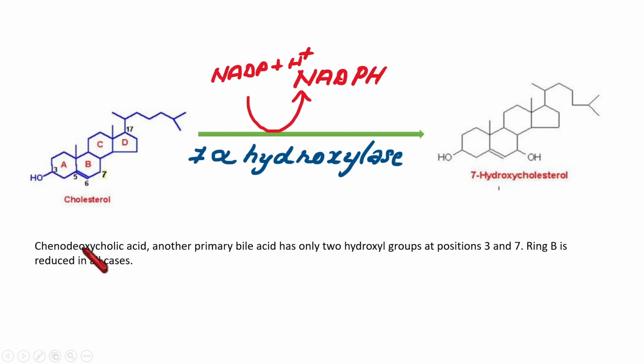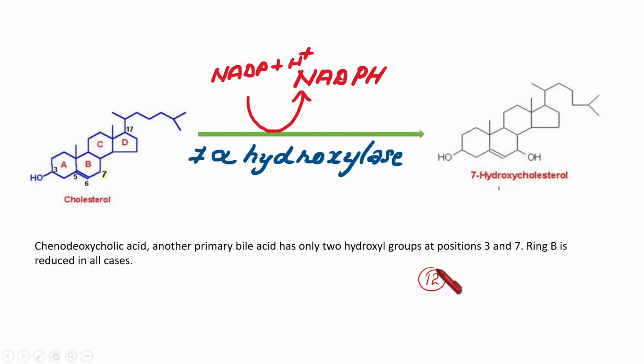Next I am going to mention another bile acid, chenodeoxycholic acid, another primary bile acid. It has two hydroxyl groups at positions 3 and 7. It doesn't possess a hydroxyl group at the 12th position.